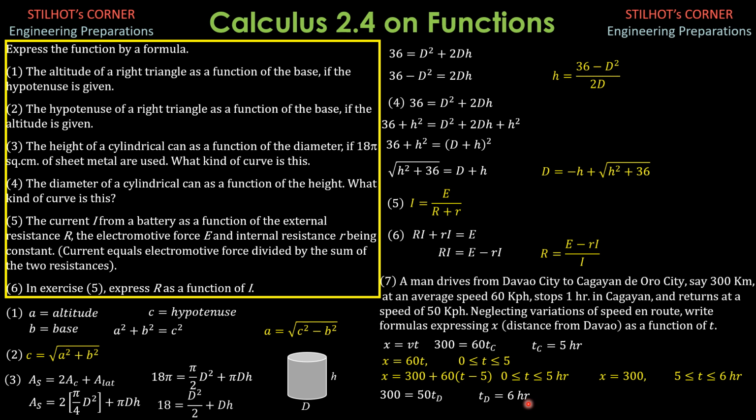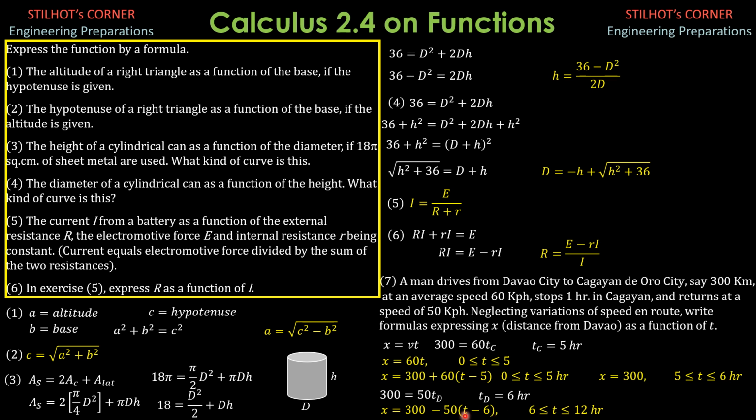So from 6 hours going back to Davao, it also requires 6 hours. The average speed is 50 kilometers per hour. Therefore, x is also represented by 300 minus 50 times t minus 6, where this is applicable for 6 up to 12 hours.